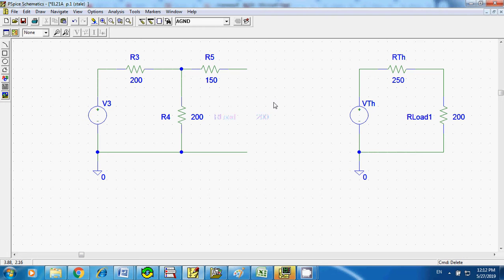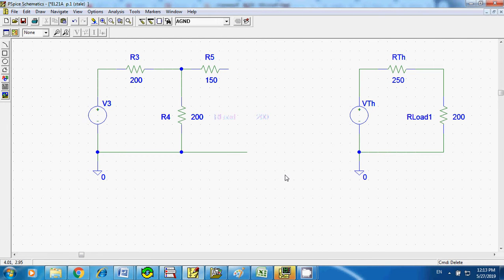Now what I meant by I short is that you're going to short the load, or your load is equal to 0, and you're looking for the current flowing through R5, or 150 ohms. Okay, so I will show you quickly. Let's start with the open circuit first.